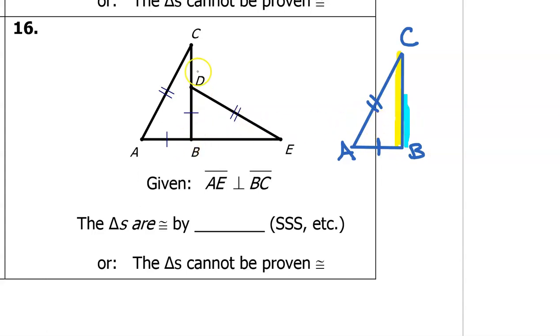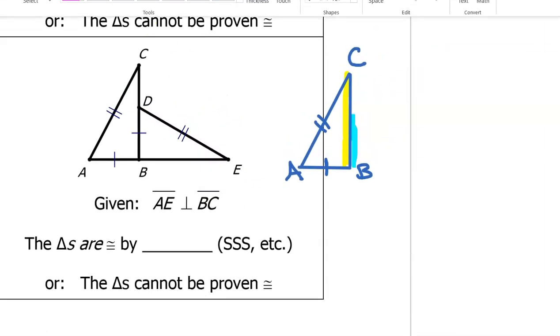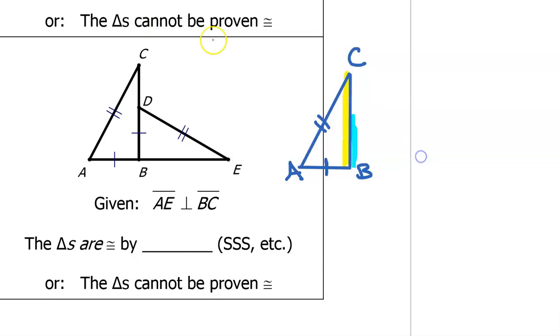We do not have side CB marked, because this little mark is for the other triangle. So I'm going to go ahead and draw that triangle now.